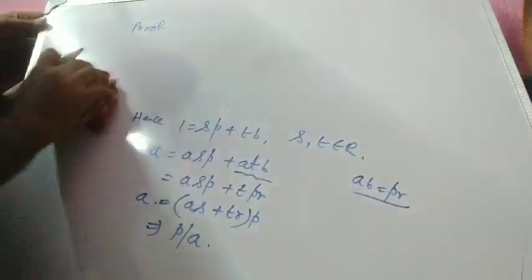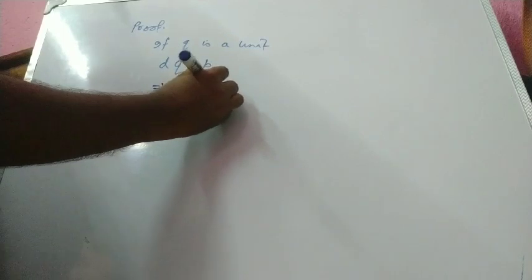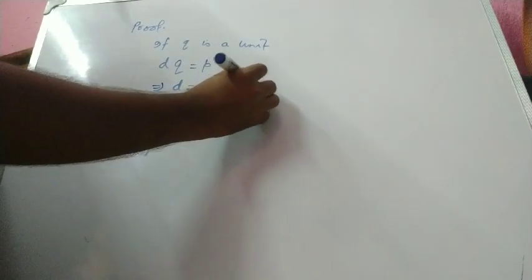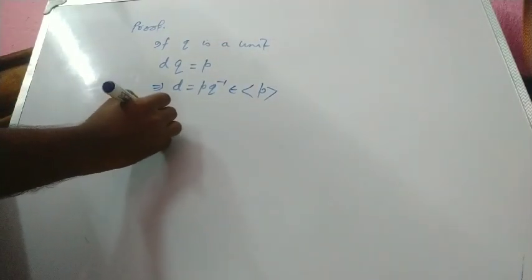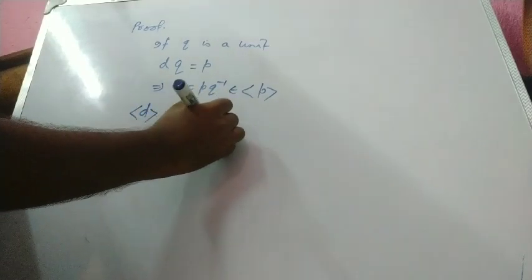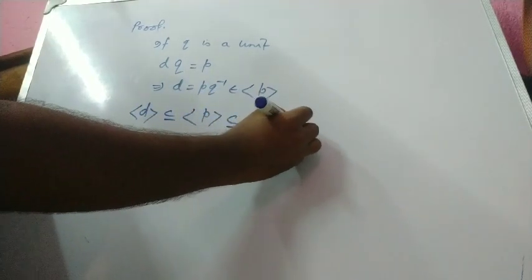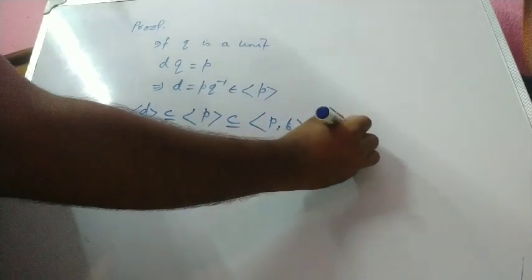Now if q is a unit, q যদি ইউনিট হয়ে যায় তাহলে সেক্ষেত্রে দেখো তোমাদের যে এই জিনিসটা দেয়া ছিল যে qd equal to p, তাহলে এখান দিয়ে আমি পাচ্ছি d equal to pq inverse. ওকে, তাহলে সেটা কার মধ্যে জেনারেট করছে না p দিয়ে জেনারেট করে যাচ্ছে। Thus the ideal (p, b) is a subset of (p) and this equals (d).